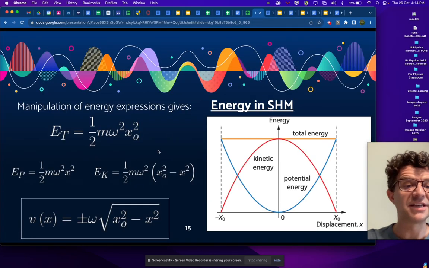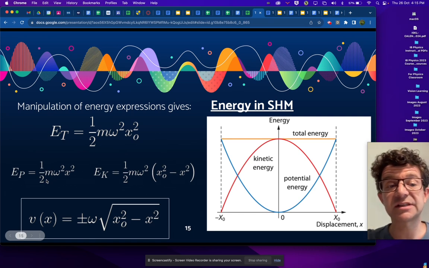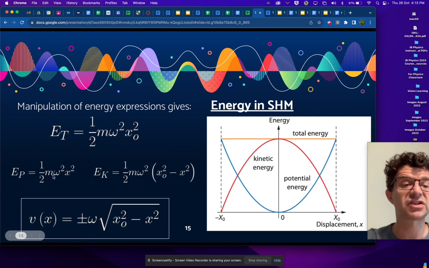In fact, they do, because if we take a look at the potential energy in the system, it's going to be proportional to, for example, in a mass spring system, 1/2 kx squared. Another way of writing that would be m omega squared for k. And so you have 1/2 m omega squared x squared.